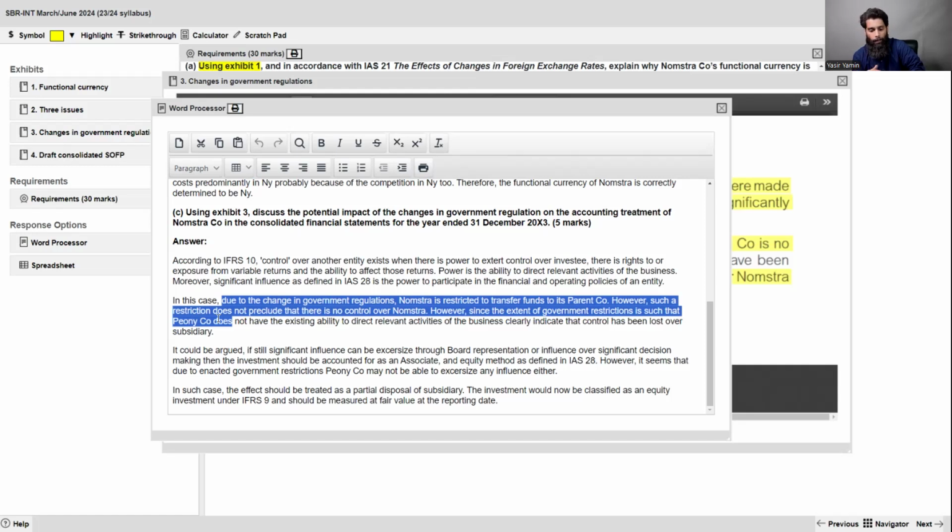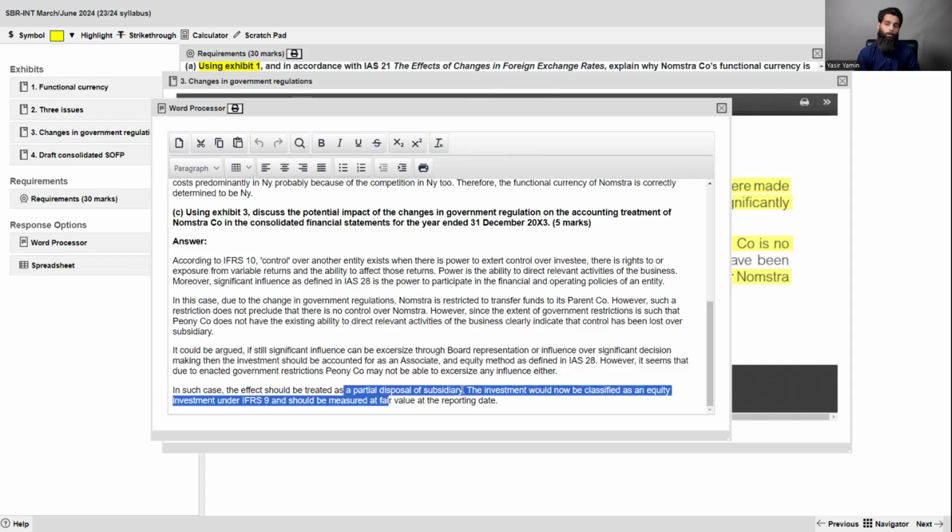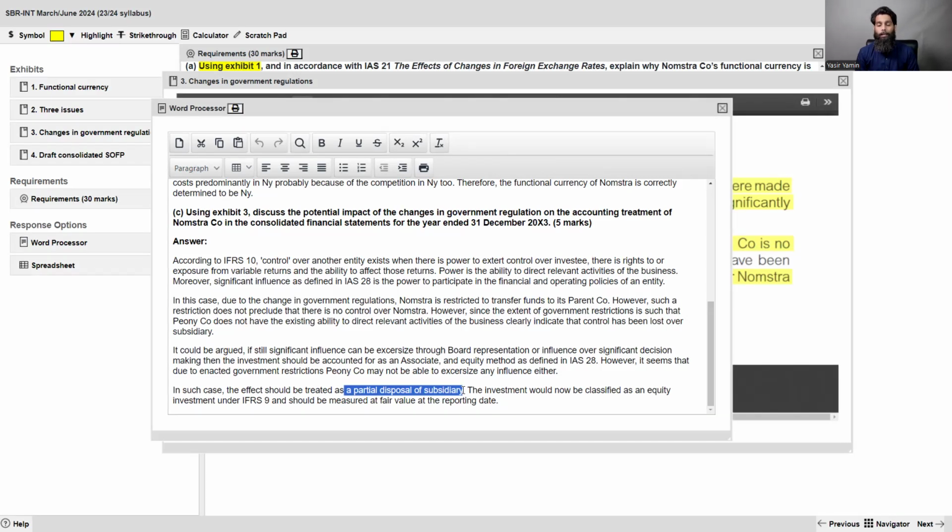And then I tried to explain why no power to participate would be there as well, and how we would be dealing with it moving forward. We'll be dealing with this as a partial disposal of a subsidiary by classifying the residual interest that we have as an equity investment under IFRS 9.